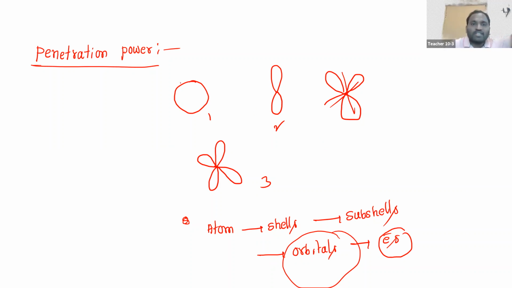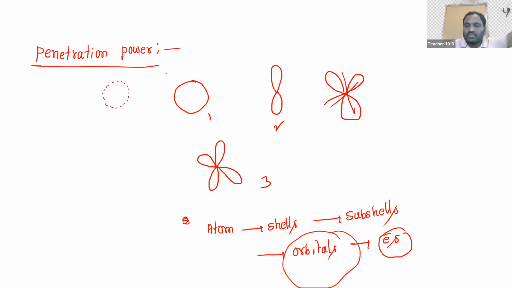Now the s orbital shape is spherical. Sandra, let me explain, you will come to know. Why is the s orbital shape spherical? In the s orbital, the electron probability is symmetrical around the nucleus.